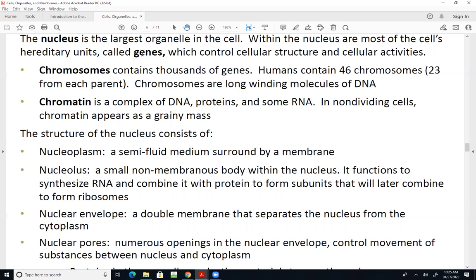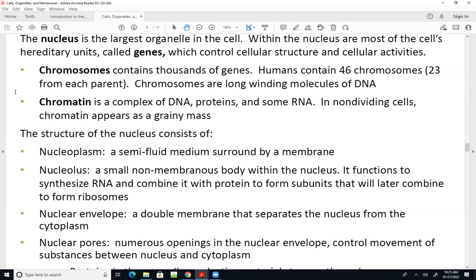Well, I was just mentioning earlier the concept of mitosis. When cells divide, chromosomes are pulled apart. So a chromosome is a structure that contains thousands of genes. Human cells typically contain 46 chromosomes, 23 that we inherit from each parent.